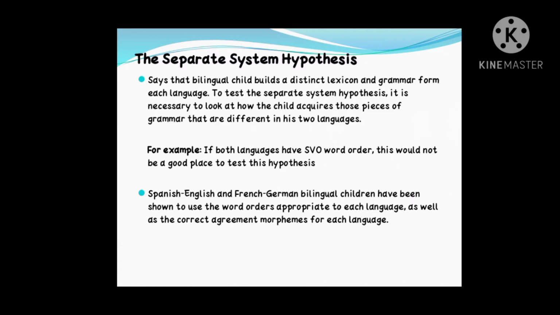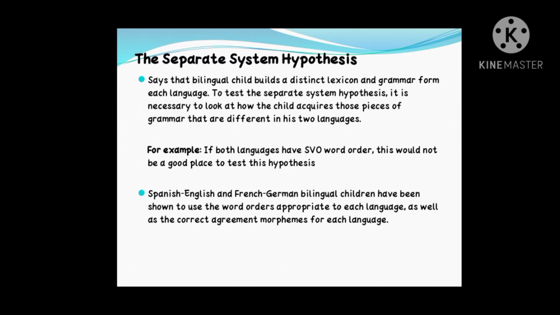To test the separate system hypothesis, it is necessary to look at how the child acquires those pieces of grammar that are different in his two languages. For example, if both languages have SVO, or subject-verb-object, word order, this would not be a good place to test this hypothesis. A number of studies have shown that where the two languages diverge, children acquire the different rules of each language.